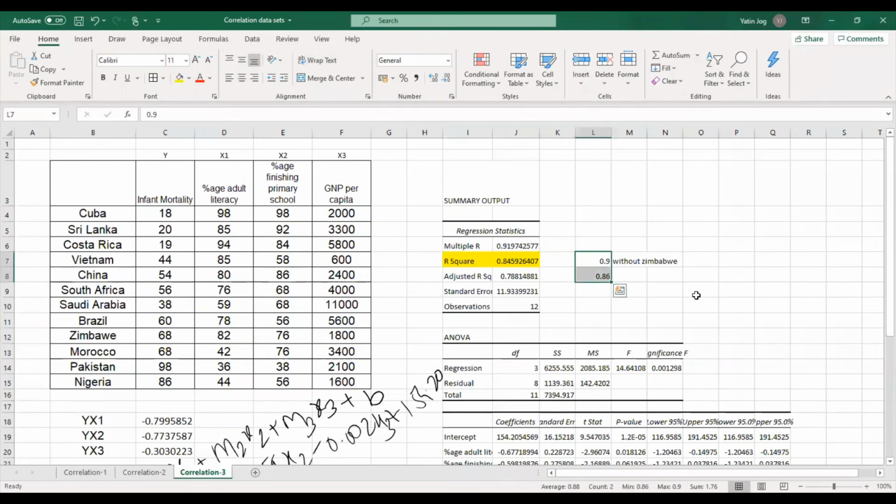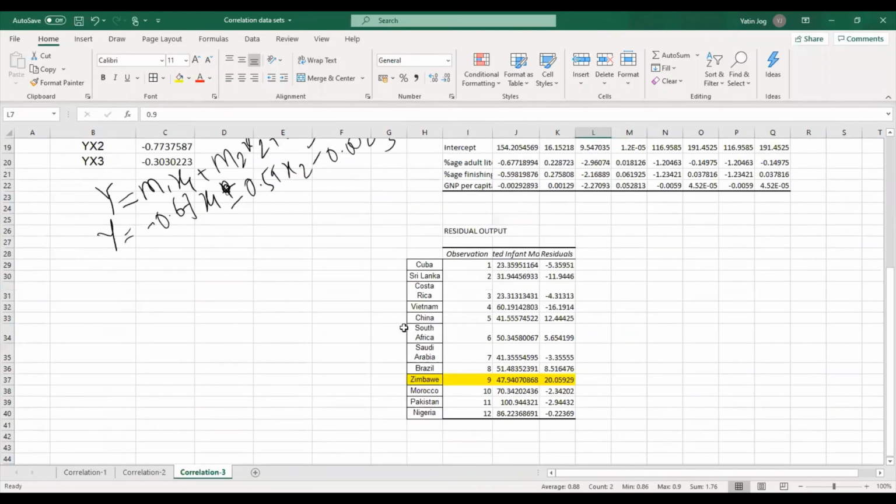So my data model is very strong. If the difference is 0.04, that is almost negligible. My data model is very strong, and x1, x2, x3 are very good predictors of y, except Zimbabwe, where I think I need to consider a few more variables to predict infant mortality. That is the final conclusion of the analysis based on R square, adjusted R square, and residuals.